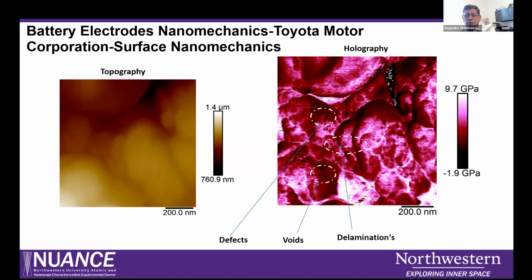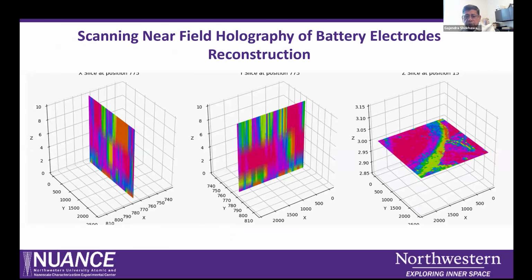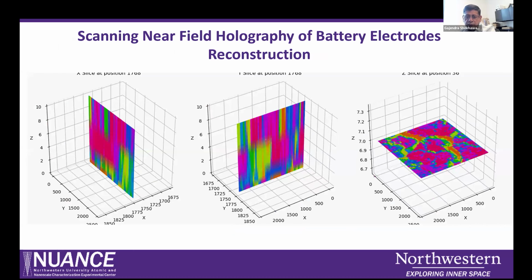But the most important thing they want us to do is a 3D tomography type of imaging or a 3D reconstruction. So the beauty of this is you can see it here now. This is a slice in X, Y, Z, but look at the Z scale.